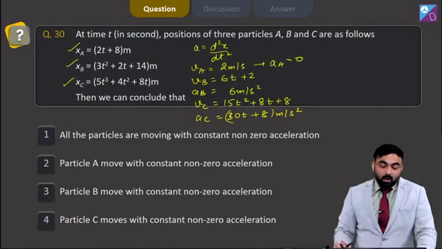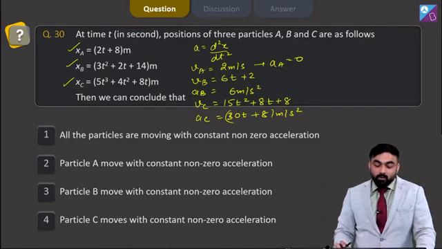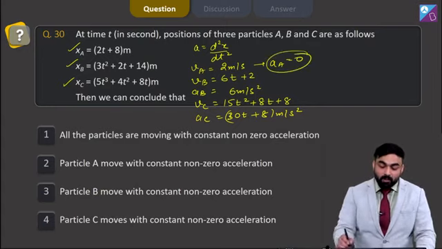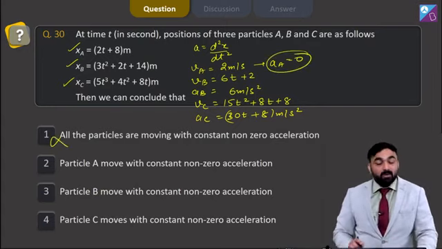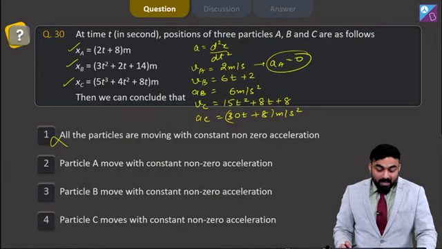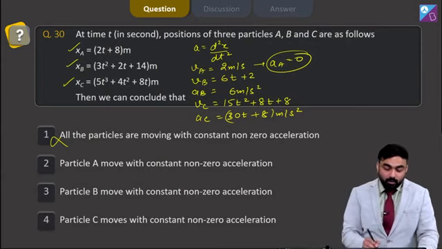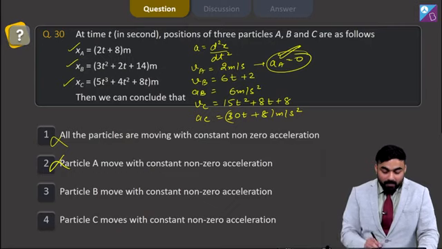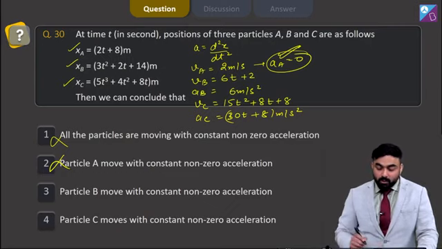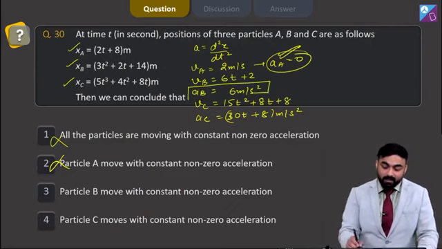Option number 1 says all the particles are moving with constant non-zero acceleration. We have a zero acceleration as well, so option number 1 is eliminated. Particle A moves with constant non-zero acceleration? So particle A does not move with constant non-zero acceleration. Particle B moves with constant non-zero acceleration, which is correct.